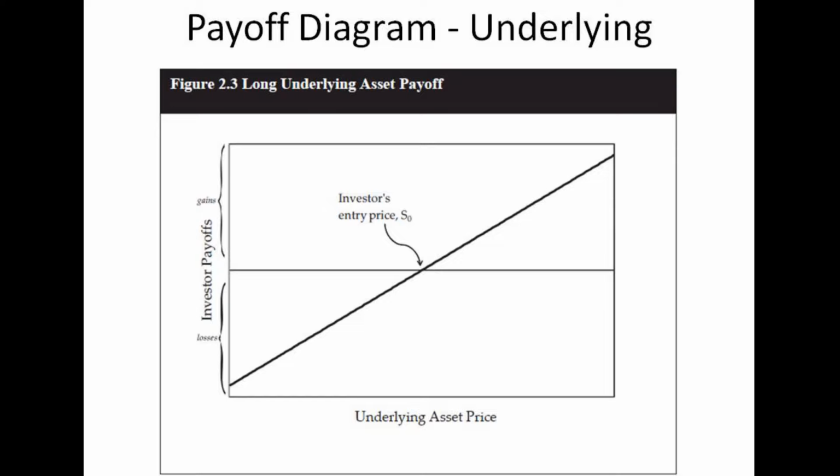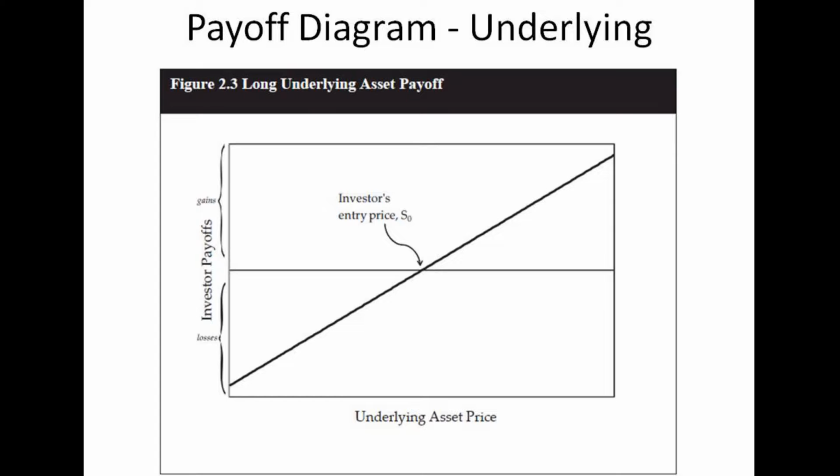And as the price of the underlying moves up, as you can see down at the bottom, the underlying asset price, as the price moves up, you start to see gains. And as the price moves down, you start to see losses. And if the price doesn't move at all, you've got neither gains nor losses. So that's our payoff diagram of the underlying.